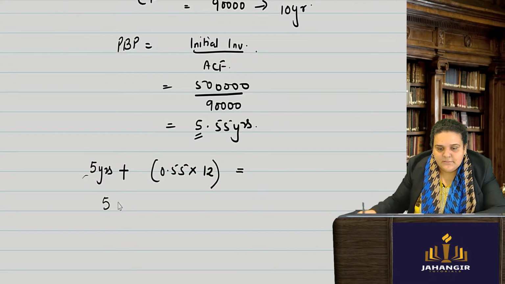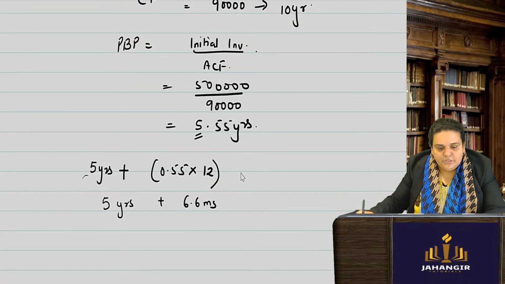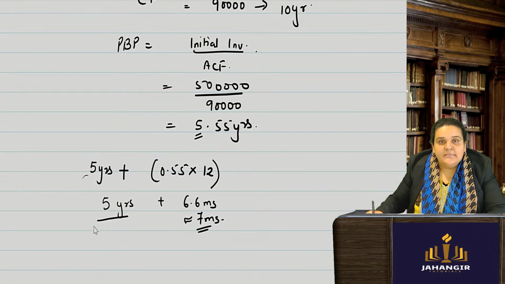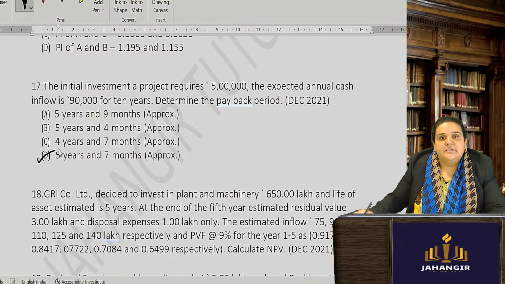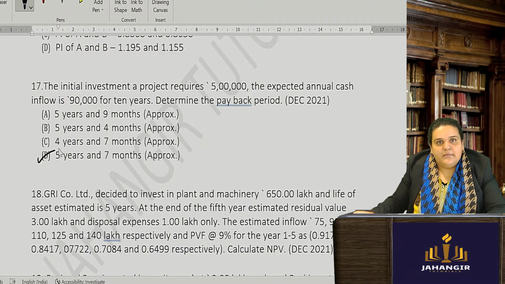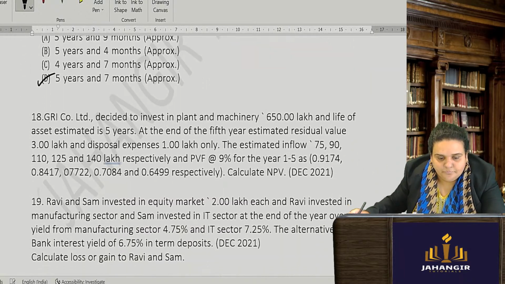So, 5 years plus 6.6 months. But there is nothing in the options given as 6.6 months. 6.6 months approximately comes to 7 months. So the answer is 5 years and 7 months approximately. The option is there. Okay. So, question number 17 done.